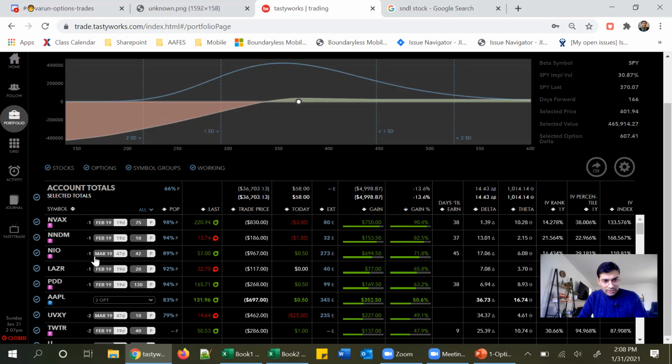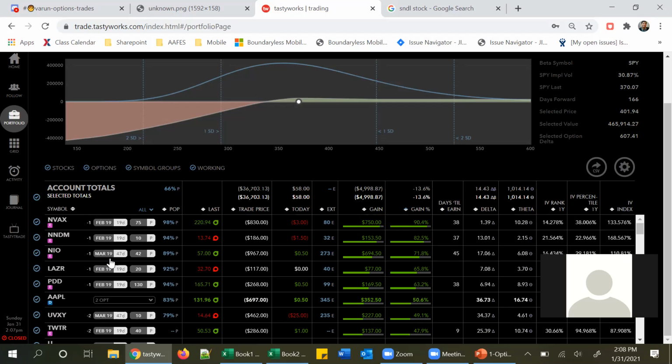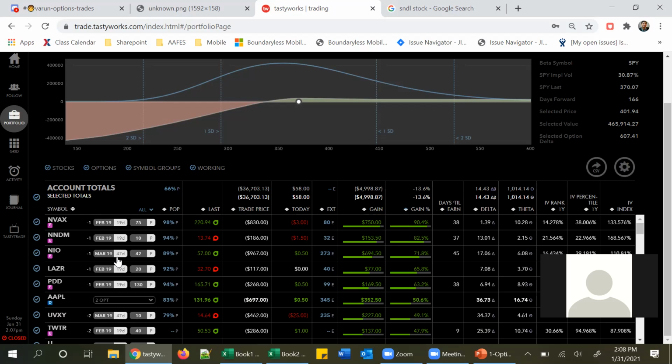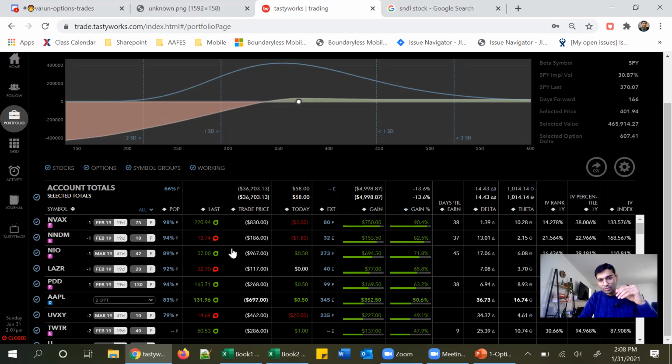And like this Neo example, because Neo already had a very good run, it is already making me 71% profit. I can close it today and make $694 right now. I don't need to wait until March 19th, which is 47 days away, because I already placed a bullish trade and it has already shown its bullishness, so it's making me money faster.